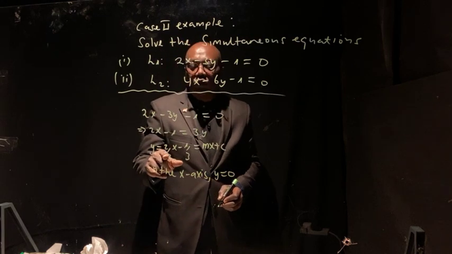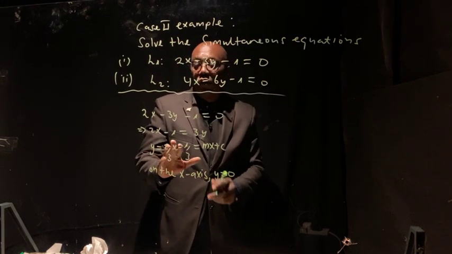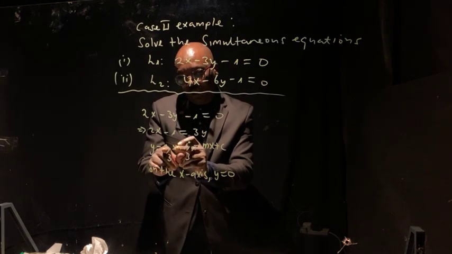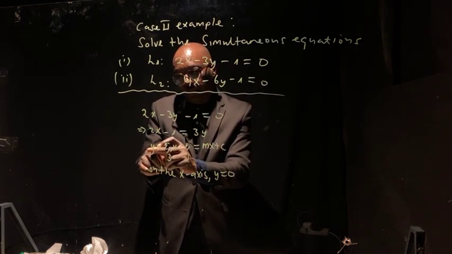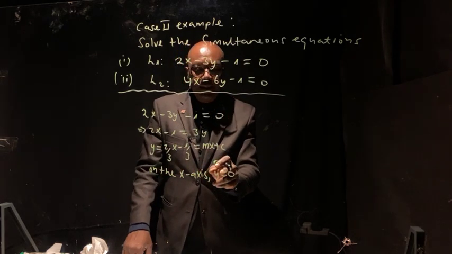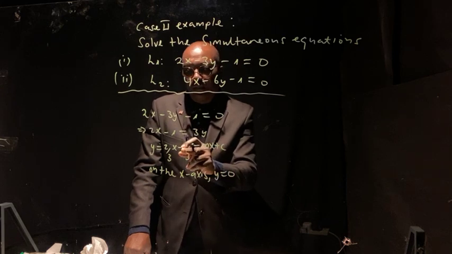We already know that on the y-axis, x equals 0. When x equals 0 in this equation, you can see that this portion will be 0. In that case, y will be minus 1/3. That says that the line crosses the y-axis at minus 1/3.